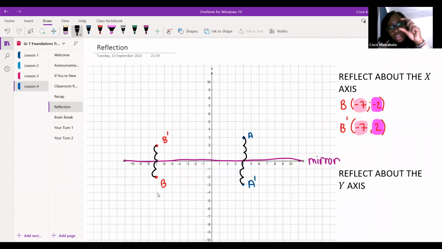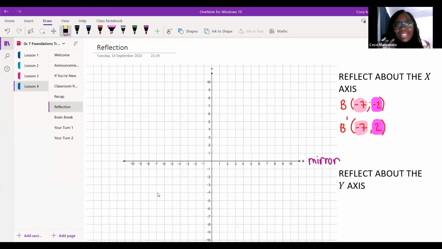The amount of space on each side of my mirror is the same. The only thing that's different about my up and down values is that one is positive and the other one is negative. I'm going to repeat that. Okay.